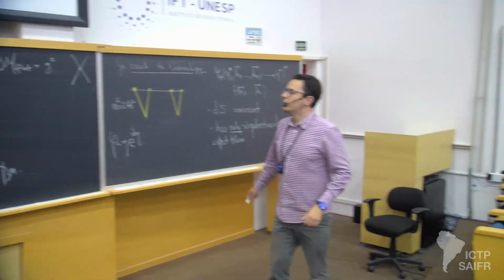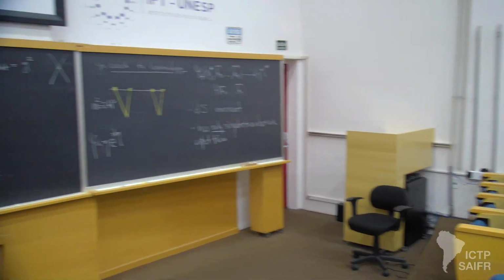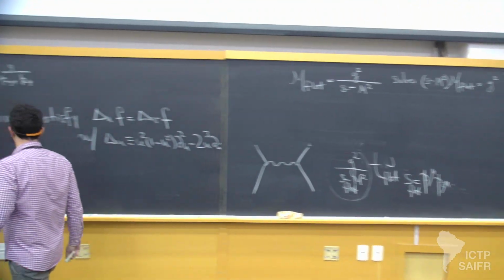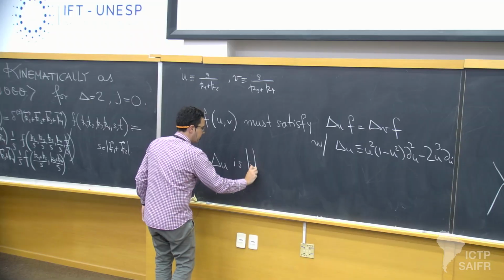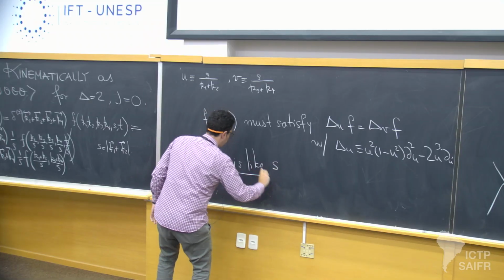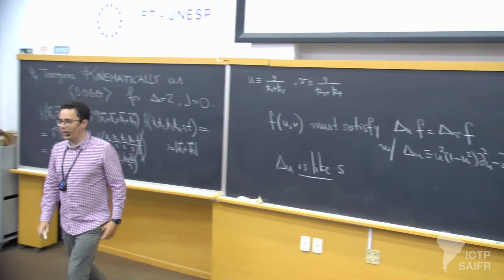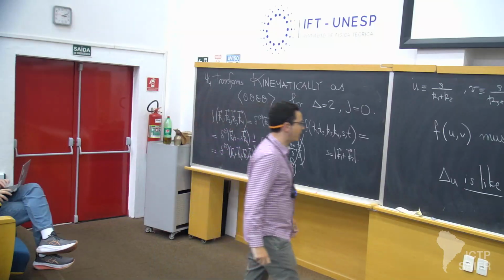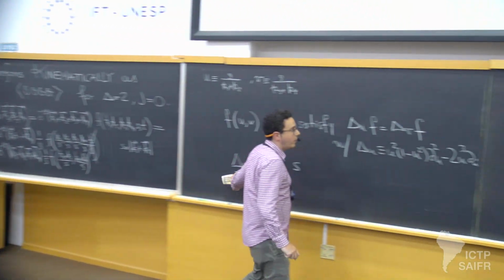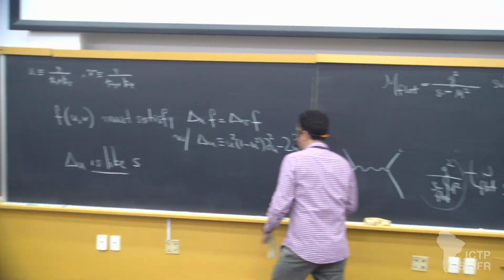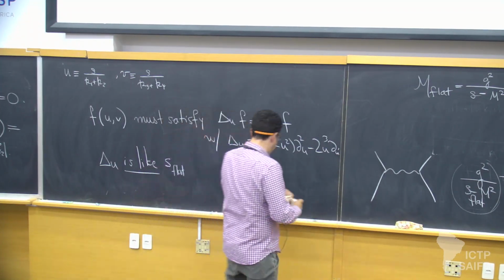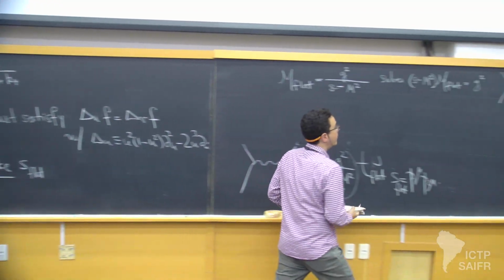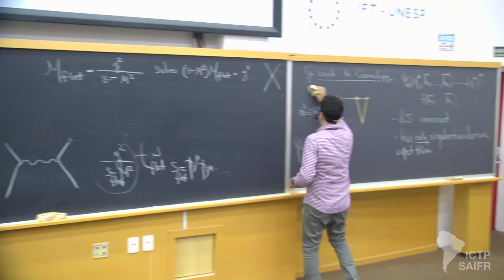So I will convince you in the next 5 minutes that Δ_u is like s_flat. Of course, like is not very precise, but I will try to make a better argument than that.